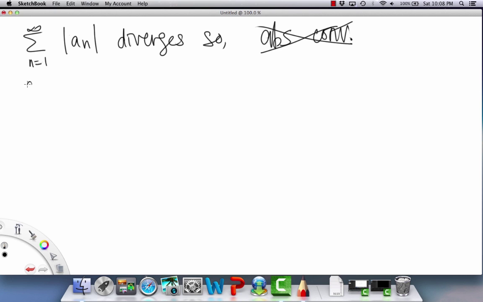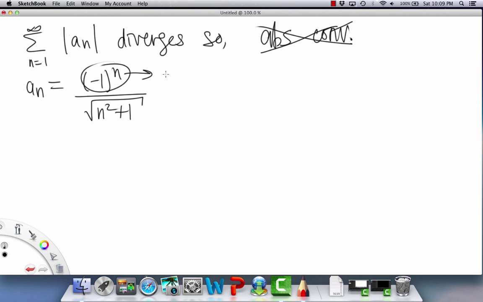So we have that a sub n is equal to negative 1 to the n over square root of n squared plus 1. So we need to see if a sub n, like the terms itself. So now we're going to look at the magnitude.